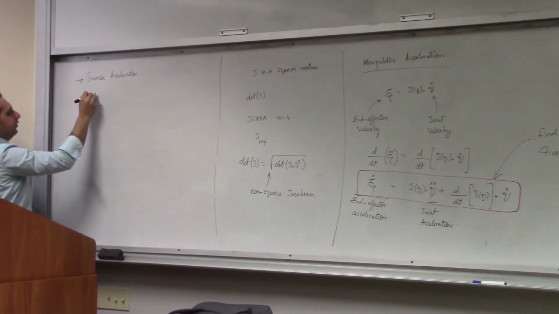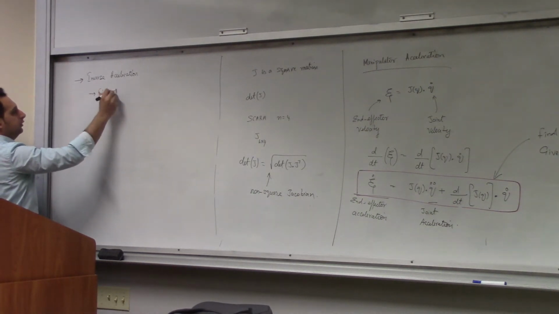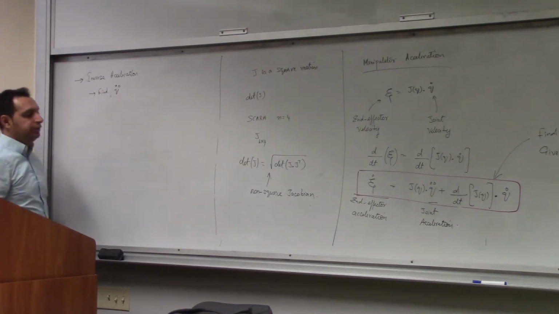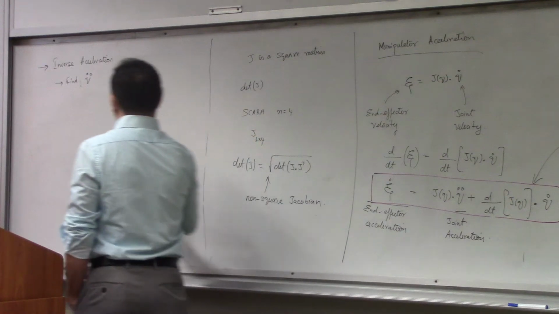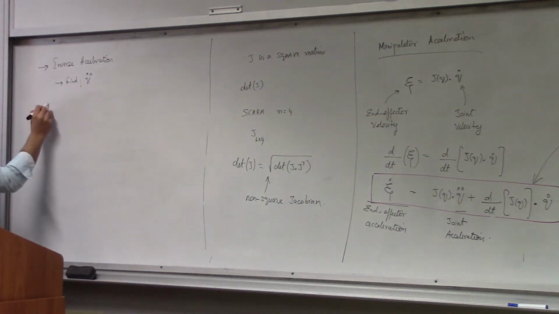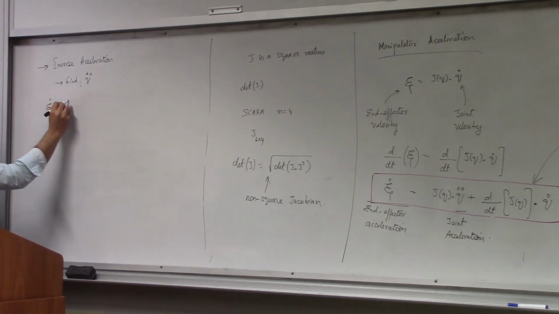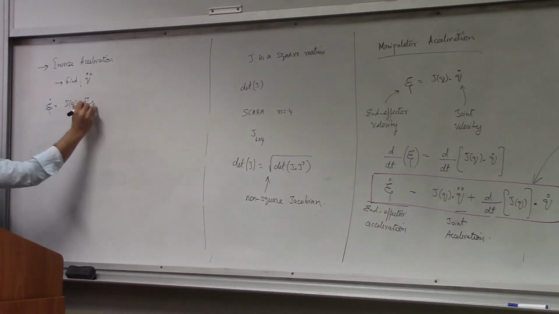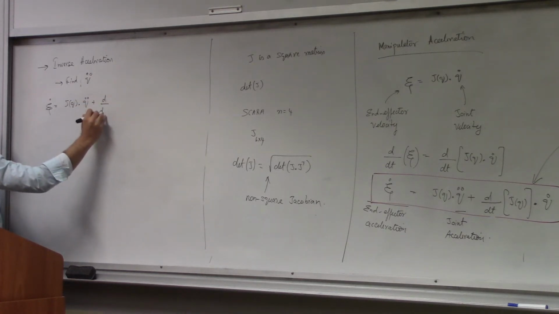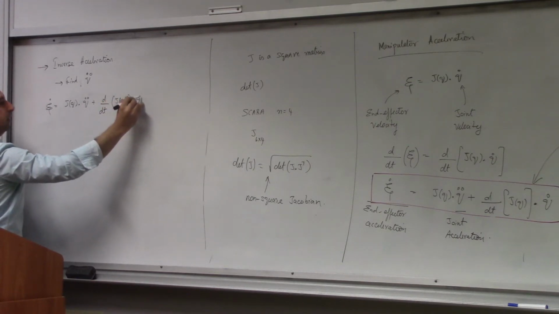Which is basically to find q double dot. So we'll use this equation. We know that the acceleration is equal to J of q times q double dot plus d/dt of the Jacobian times q dot.